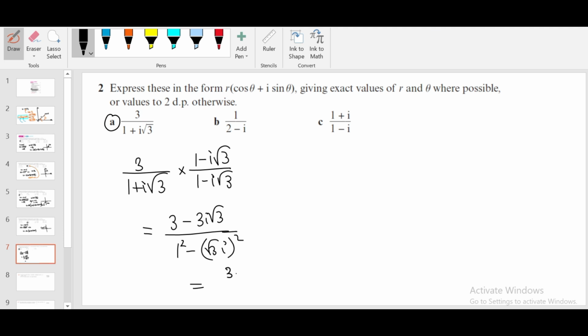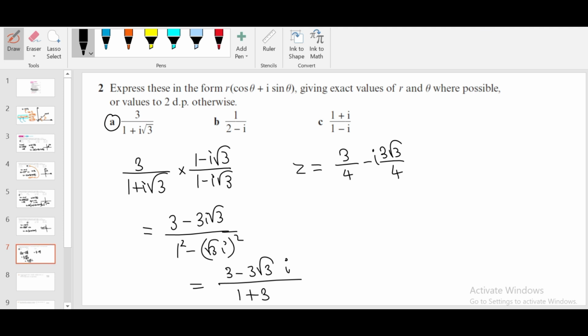So we'll get 3 minus 3 root 3 i divided by 1 plus 3. 1 plus 3 is 4. So it's going to be 3/4 minus 3 root 3/4 i.